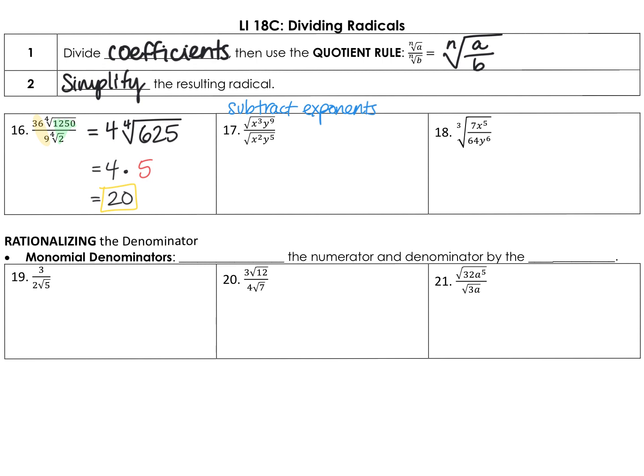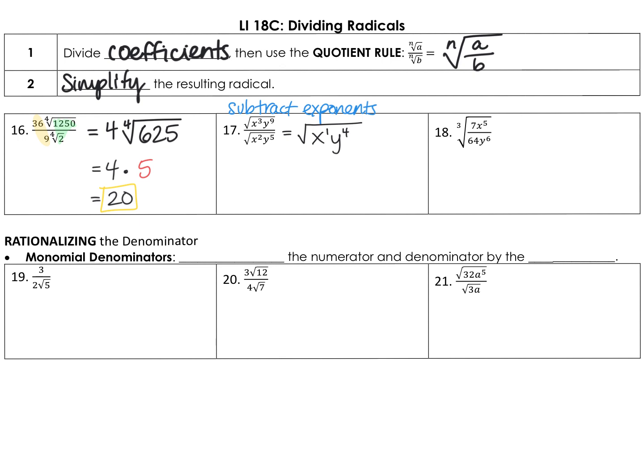All right. So I've got x to the third over x squared. So inside, I would then have x to the first. And then subtract 9 minus 5, because they have the same base. It's y to the fourth. This is a square root.